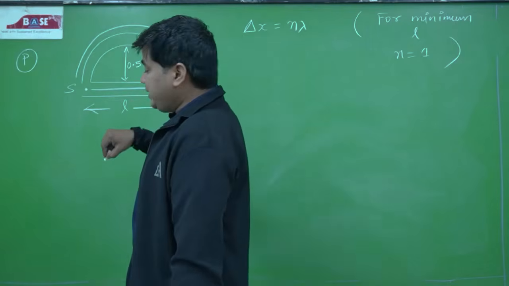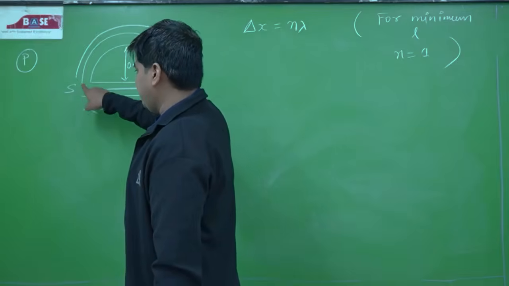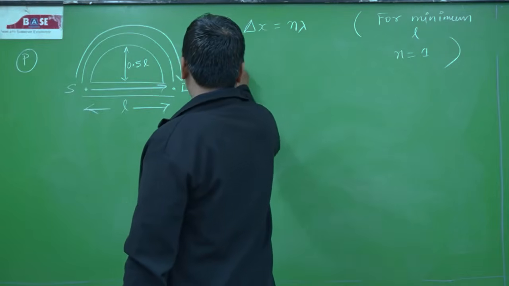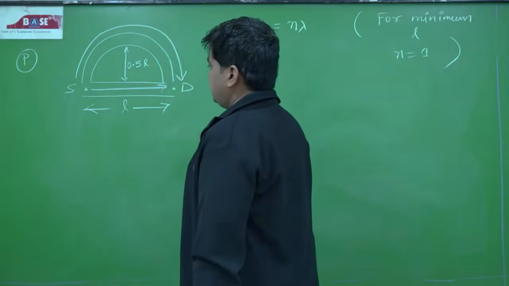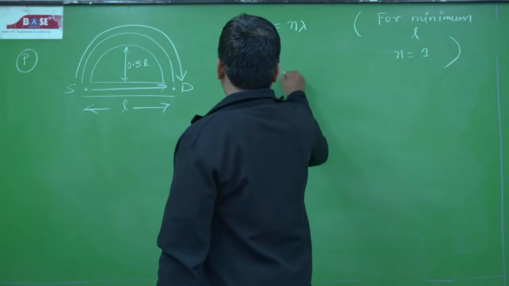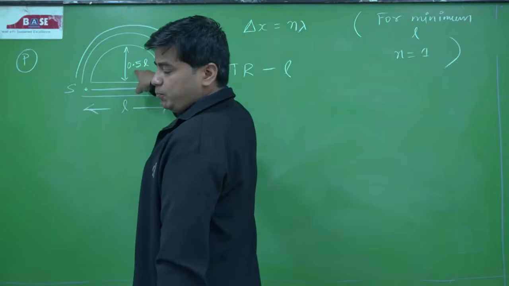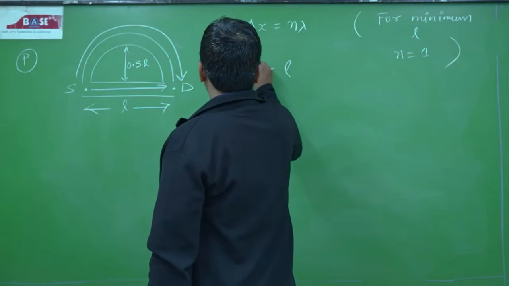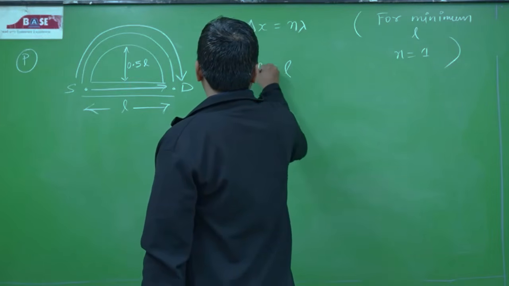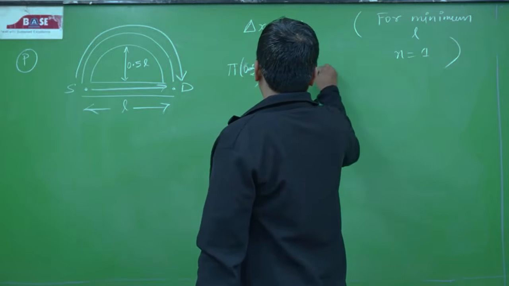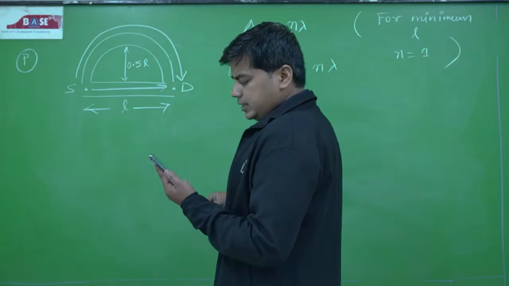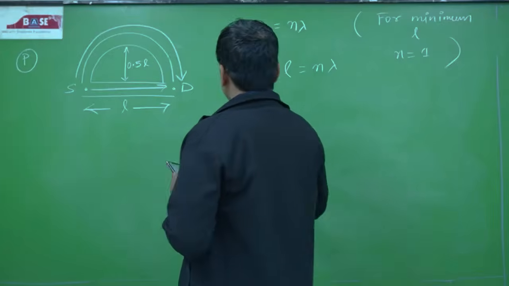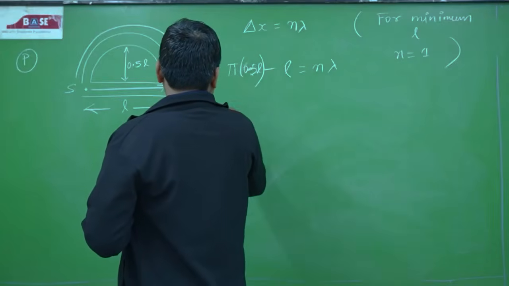So, path taken by wave to travel from here around a semicircular path is pi r, minus L, and r is given as 0.5L. So I'll keep r as 0.5L, and this should be equal to n lambda, and the value of lambda is given in the problem as 0.29 meters.